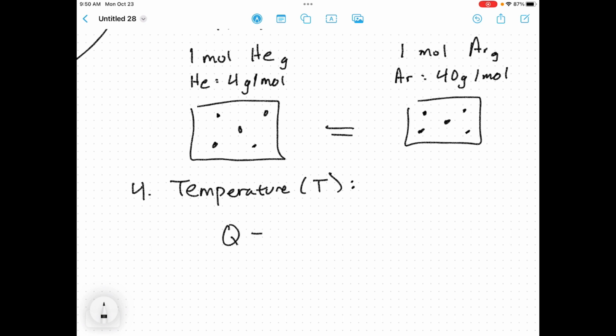Last year we talked about how Q equals M times C times delta T. Q was energy, and the change in temperature is your temperature. So this is like heat energy, or kinetic energy. These two things are different: temperature is related to energy, but they are not the same thing.